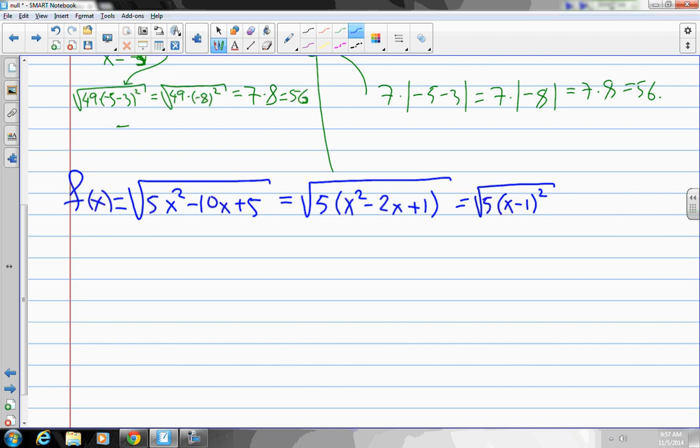I just did a bunch of chapter 3 style factoring, right? Well, now, square root of 5, is that a perfect square? No, and there's nothing I can do with 5. But x minus 1 squared, I can take the square root of that. I have to use the absolute value to make sure the answer comes out positive. So the answer here would be the square root of 5 times the absolute value of x minus 1.